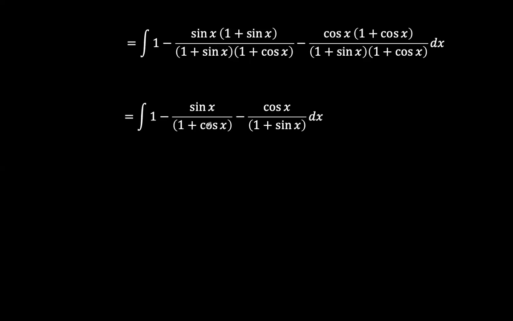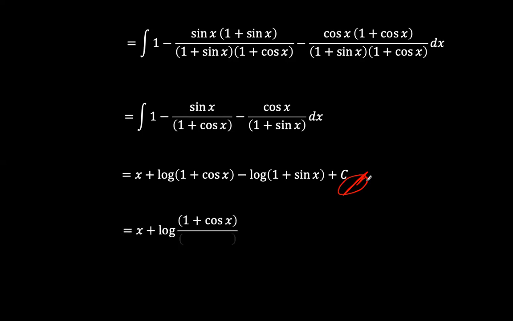So the 1 gives x, sine x over 1 plus cosine x integrates to the natural logarithm of 1 plus cosine x, and cosine x over 1 plus sine x integrates to the natural logarithm of 1 plus sine x, and then plus the integration constant C. So this is the simpler approach that one could use, and it did require somebody to have that intuitive way of figuring out what the numerator required. But if you don't have that intuitive approach, the next method would be a good one.